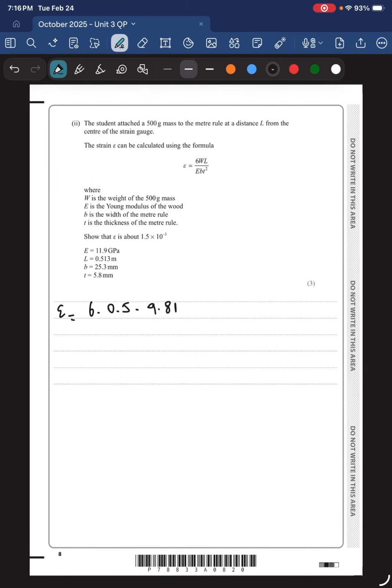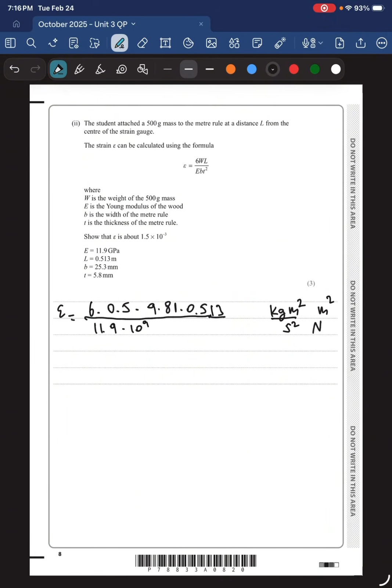So the units here so far are kilograms and then meters per second squared for g. Then we have the length 0.513, and this is meters, so we can write meter squared. And then we have the Young's modulus, which is 11.9 gigapascals, which is times 10 to the 9 pascals. And 1 pascal is 1 Newton over meters squared.